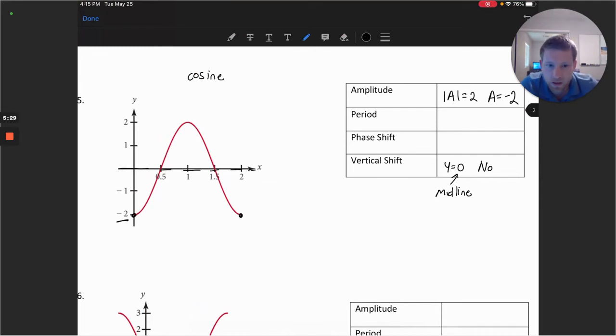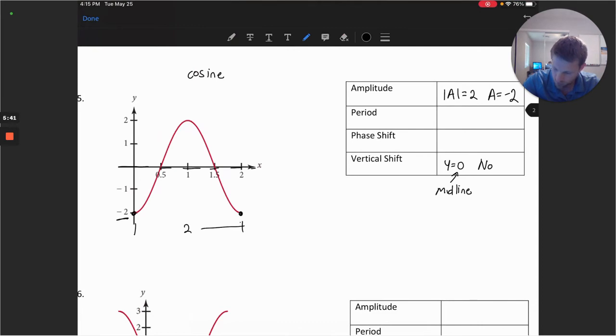The period we can solve for next. Notice that the period is going to be 2 units. So very similar to our last question, we have a period of 2 units. So if the period is 2 units, we saw before that the B value is going to be pi when our period is 2 units.